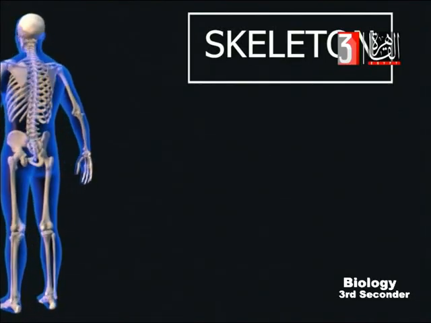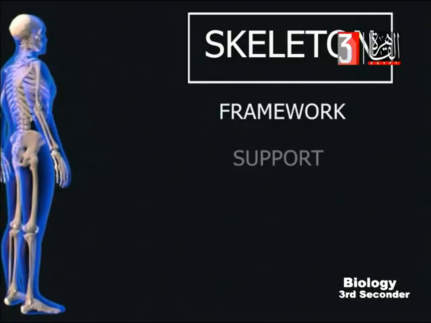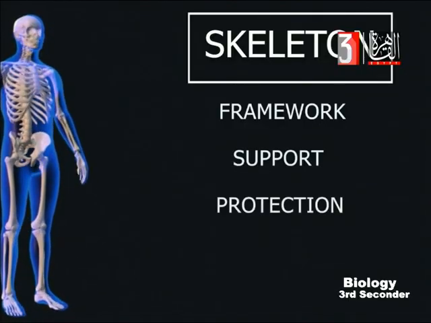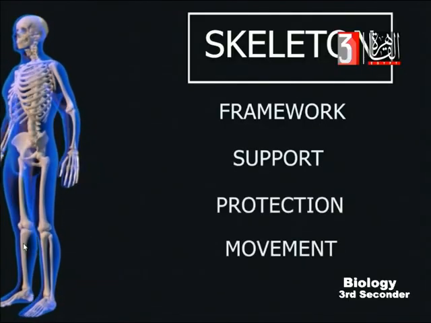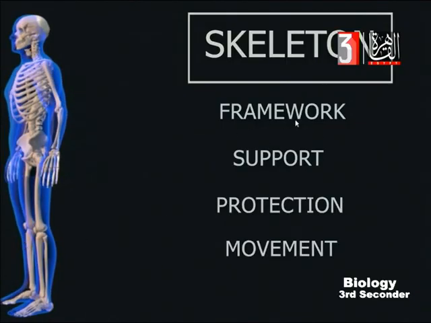Skeleton consists of two types: axial and appendicular skeleton. Skeleton is a framework. Framework provides the body with a fixed, characterized shape, provides the human body with the support, and protects the internal organs as the skull protects the brain, vertebral column protects the spinal cord, and the thoracic ribs protect the heart and lungs.